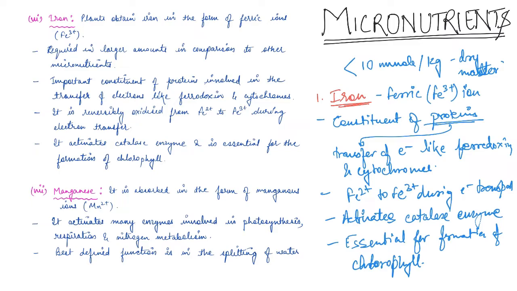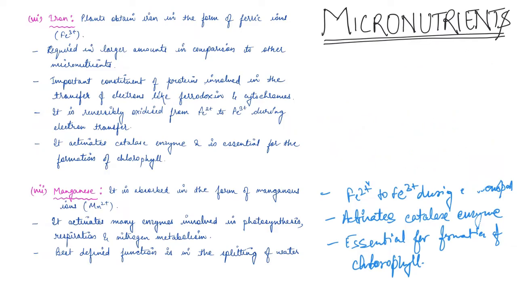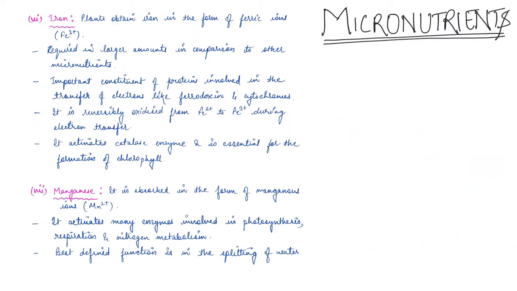Now the next one that we have to study is manganese. Manganese is absorbed in the form of the manganese ion, Mn2+.